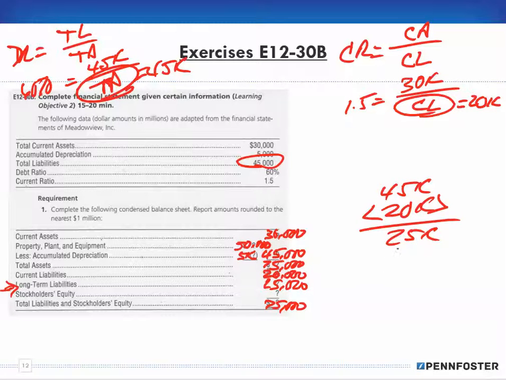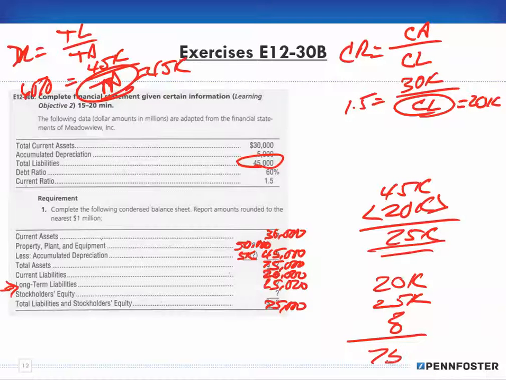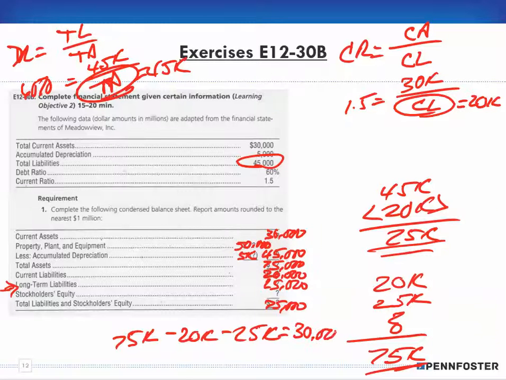Okay, and then if my current liabilities are 20,000 and long-term are 25,000, and I want to know what my equity is, and the total of my liabilities plus my equity is 75,000, I take the 75,000 minus the 20,000 minus the 25,000, and that will give me 30,000 as my stockholders' equity. Okay, and that is it for that.